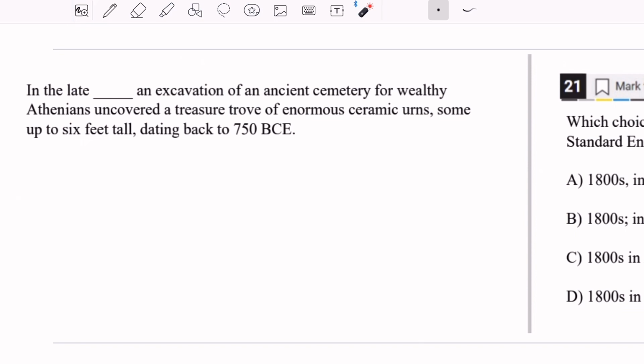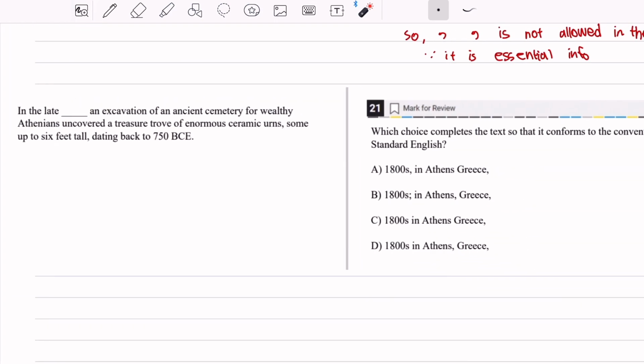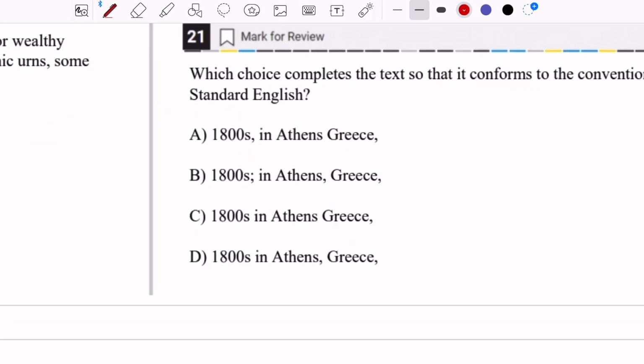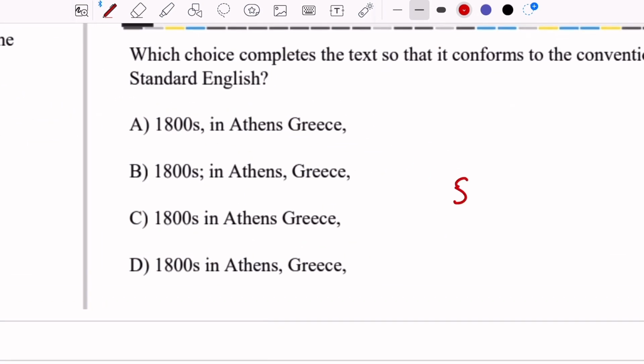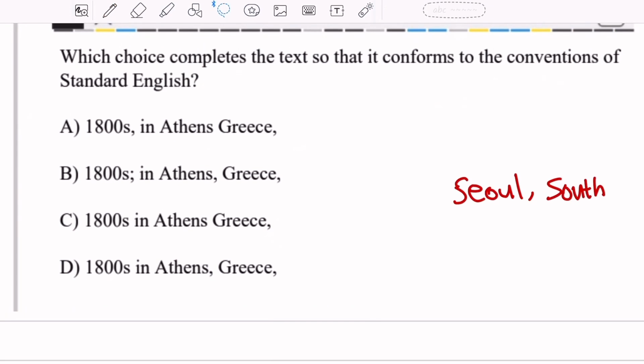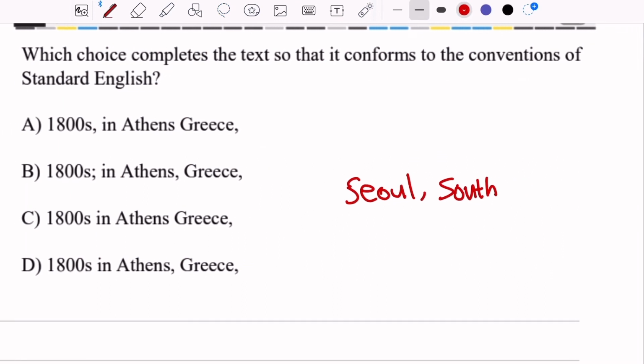Okay, so first of all, when you say, like, South Korea, you use a comma between a city and a country, right?